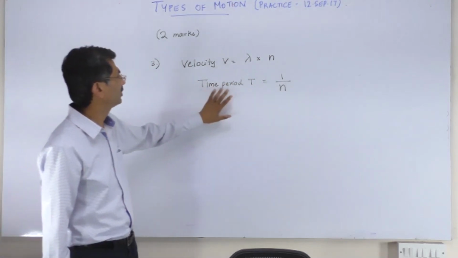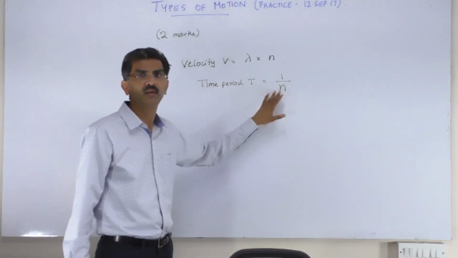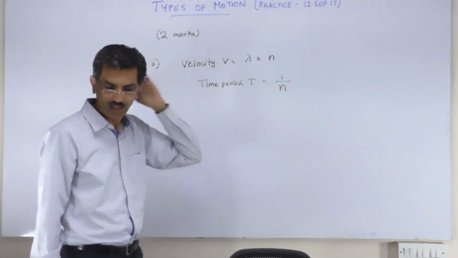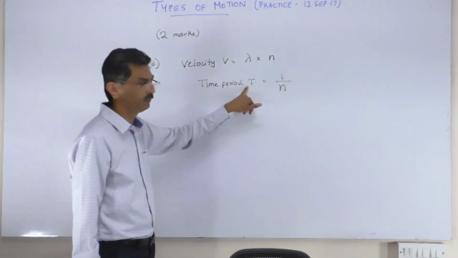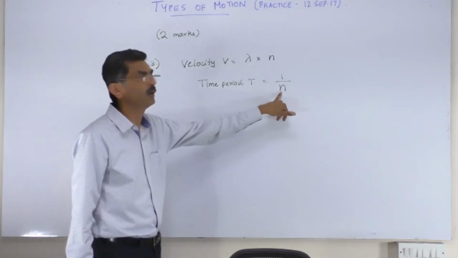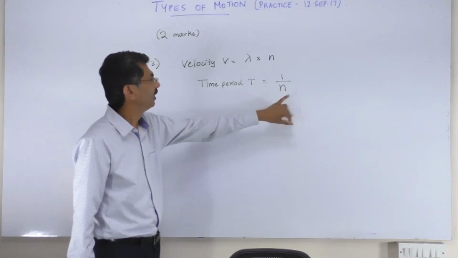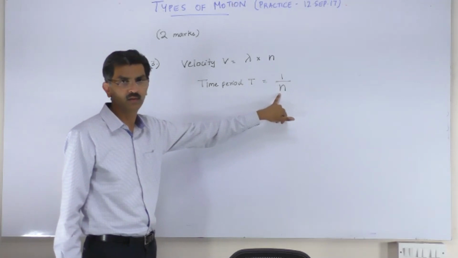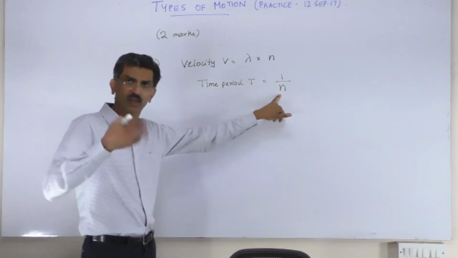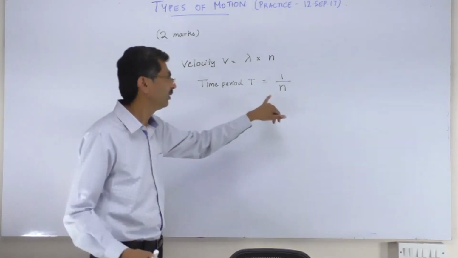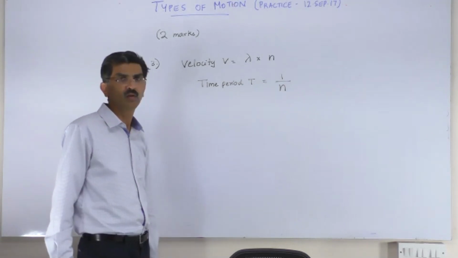So this is the relationship between time period and n. The question is, what happens to the time period when the frequency is doubled? Assume that it was n in the beginning. It becomes doubled. It becomes 2n. So what happens to the time period?